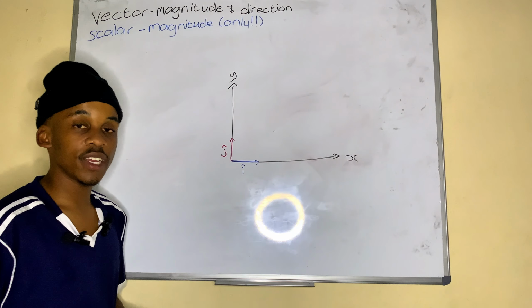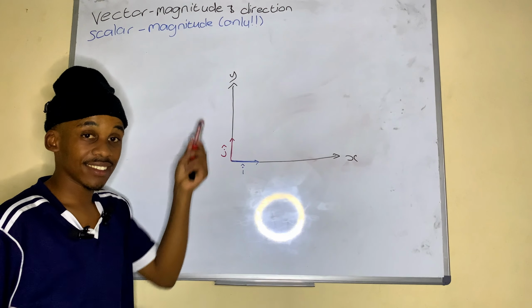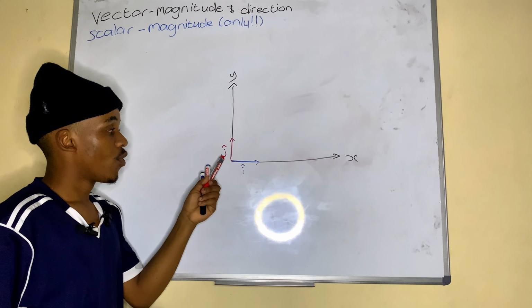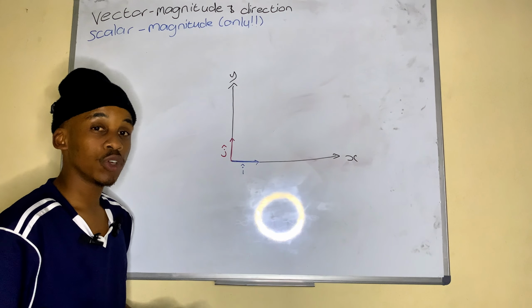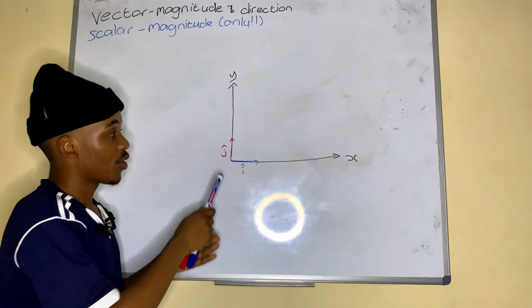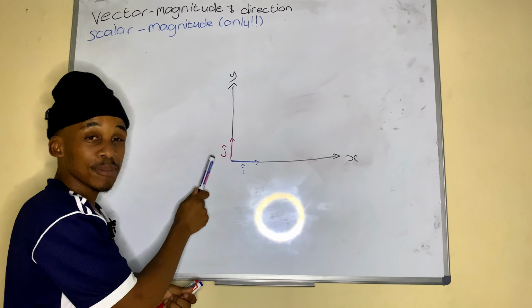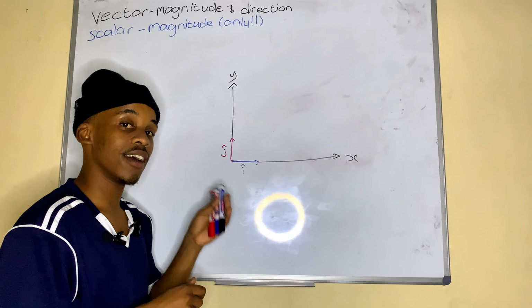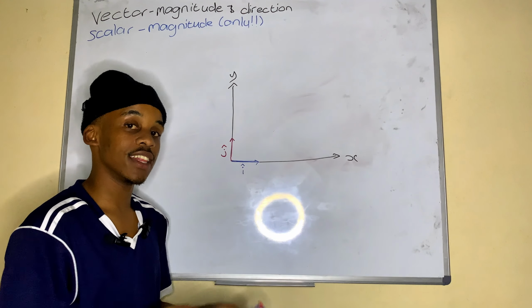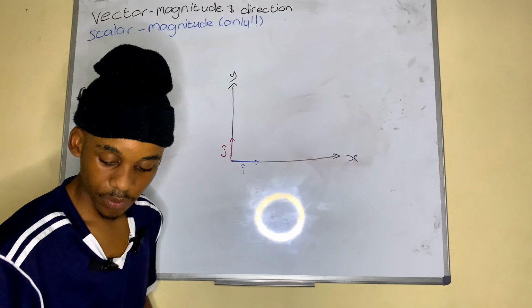If we've got a unit vector along the y-axis, then we can denote it using the j cap, which shows that it's a unit vector along the y-axis and its magnitude is 1. And so, to summarize, a unit vector is a vector that has a magnitude of 1 and that is used to show direction.